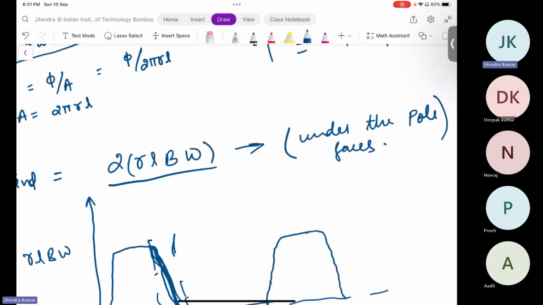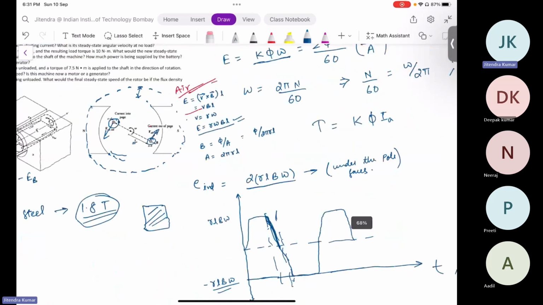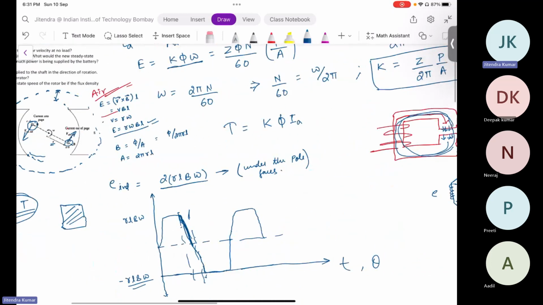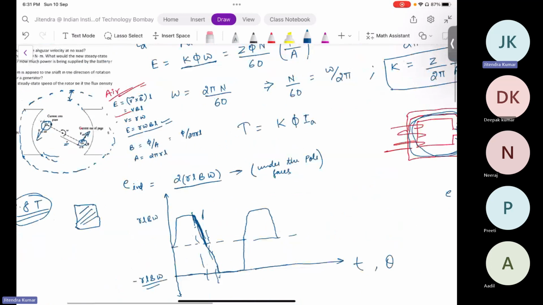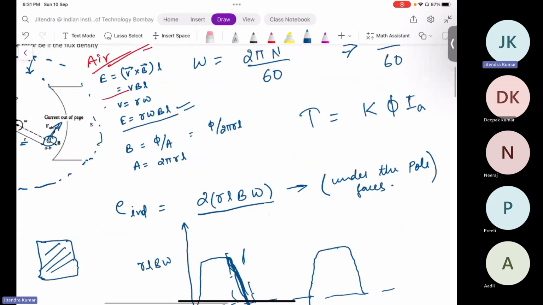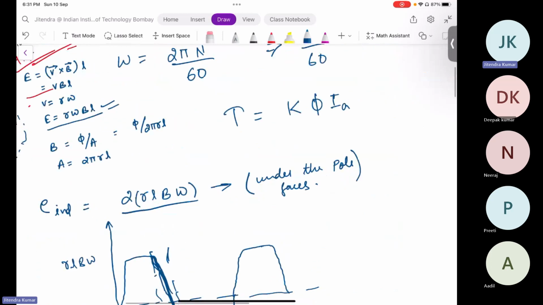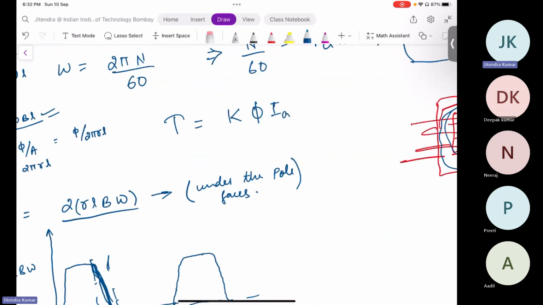So we were deriving, where did the derivation go? 2RLB omega. Yeah, here we were trying to express B in terms of flux. So B is equal to phi by A, which is equal to phi by 2 pi RL. If you plug this expression into this one, 2 RL omega into B is equal to phi by 2 pi RL.